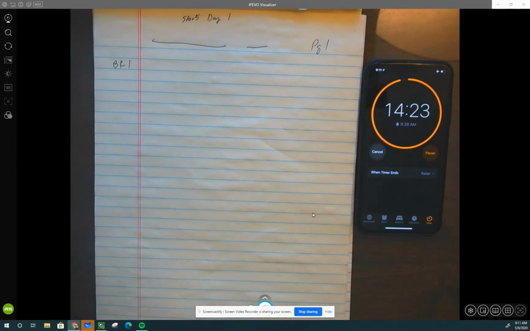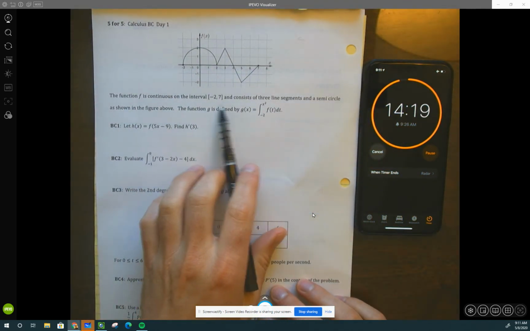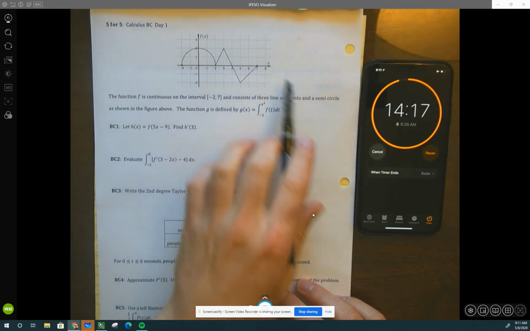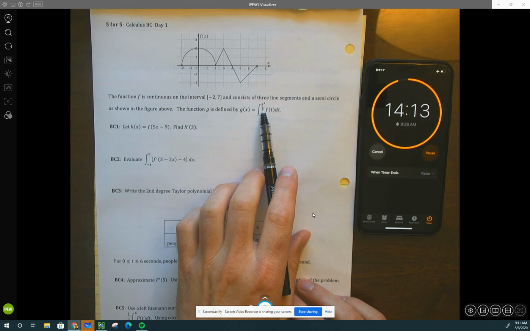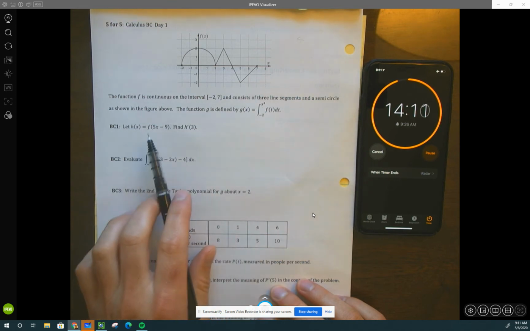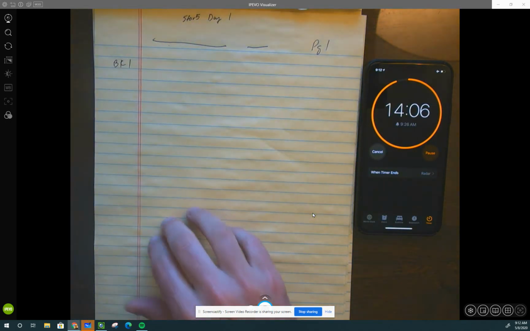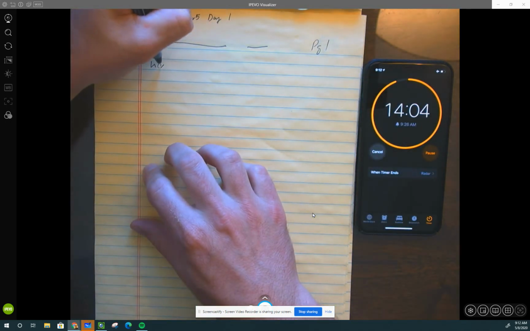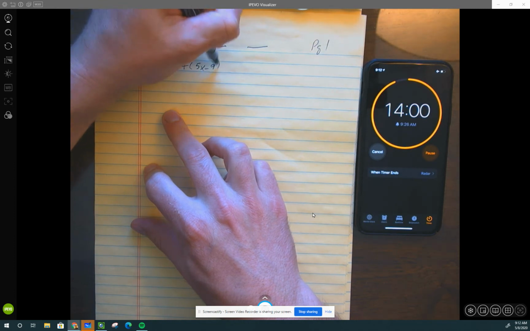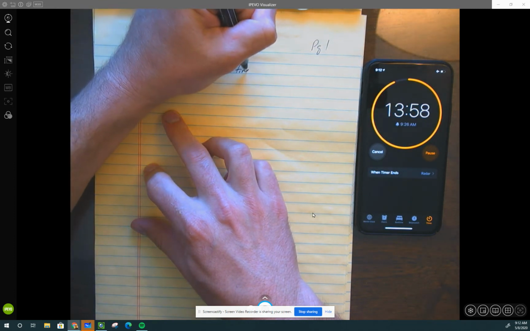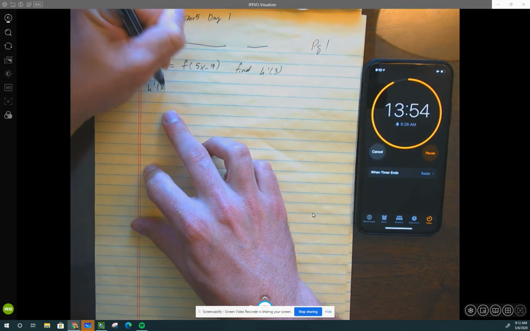Here we go. BC1. We are looking at a function, continuous, 3 line segments, semicircle, G, integral, variable limit. Let h of x equal f of that. Find the derivative at 3. Got it. Okay, so I need h prime of x.